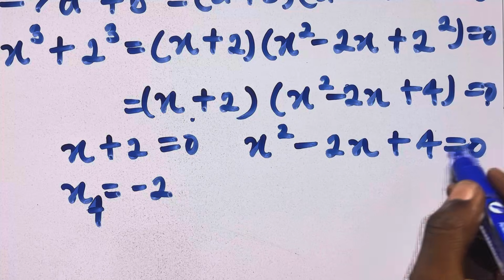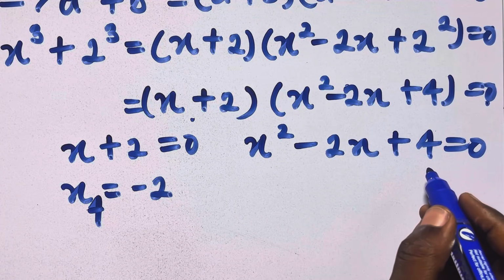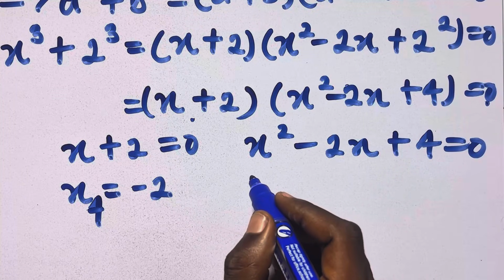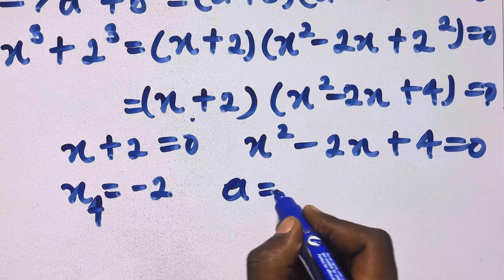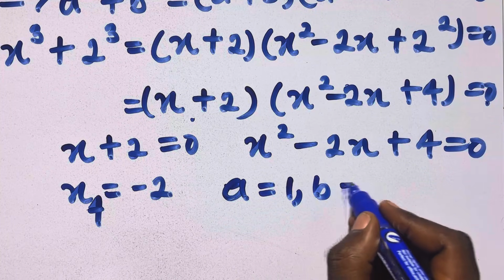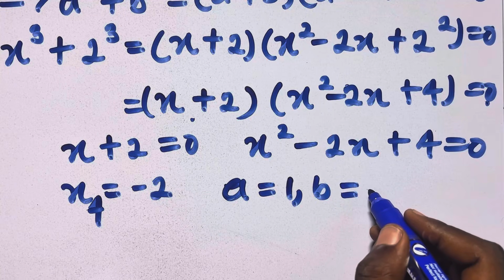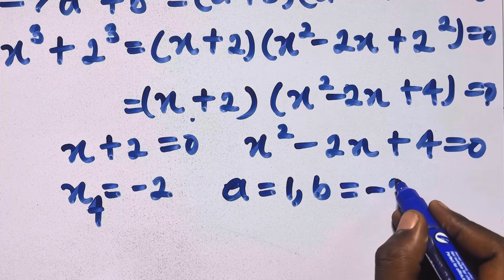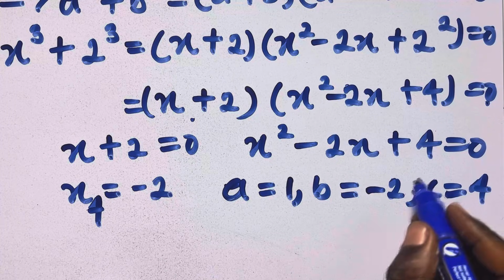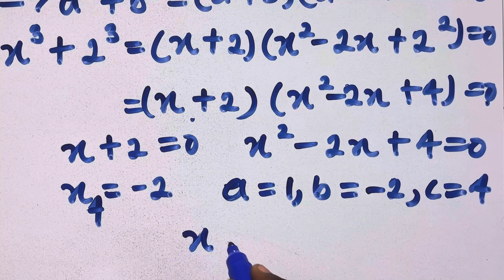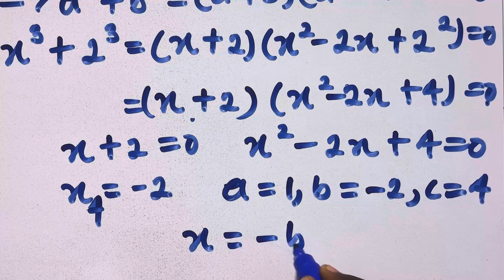So for this one, x squared minus 2x plus 4 equals 0. So this is a quadratic equation. However, we want to use the quadratic formula, and let's define the variables. Our a, the coefficient of x squared, is 1, b, the coefficient of x, is minus 2, and our c, which is the constant, equals 4.